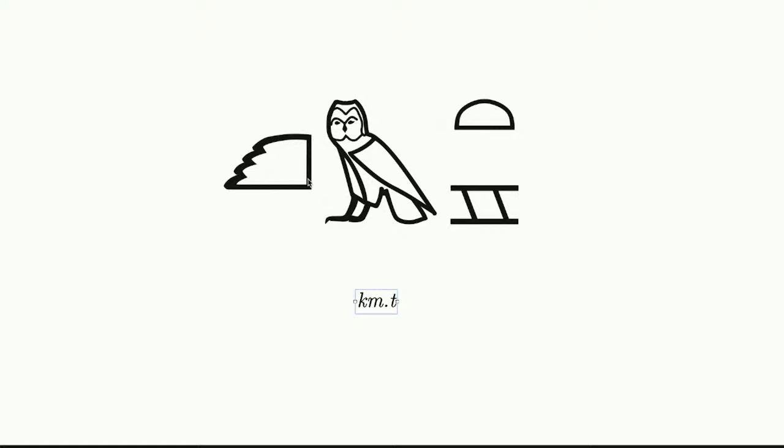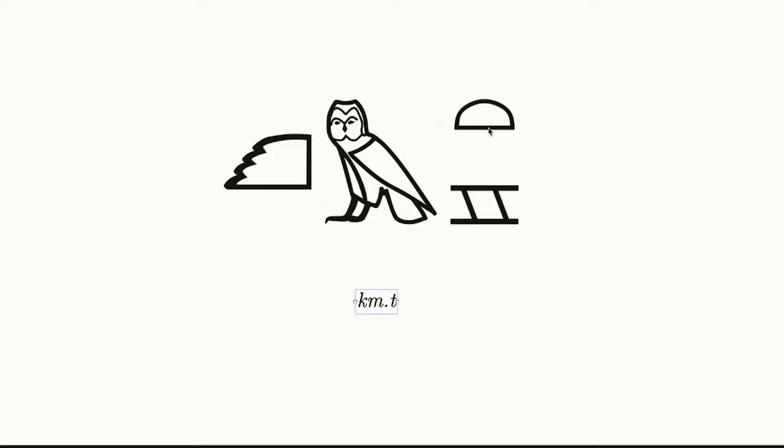not their picture value. So if you believe this is a crocodile's tail or even a burnt charcoal, it doesn't even matter, because it's only there to represent a K and an M consonant. The owl represents M, and it is complementing the M in the KM, which is why you don't see KMM.